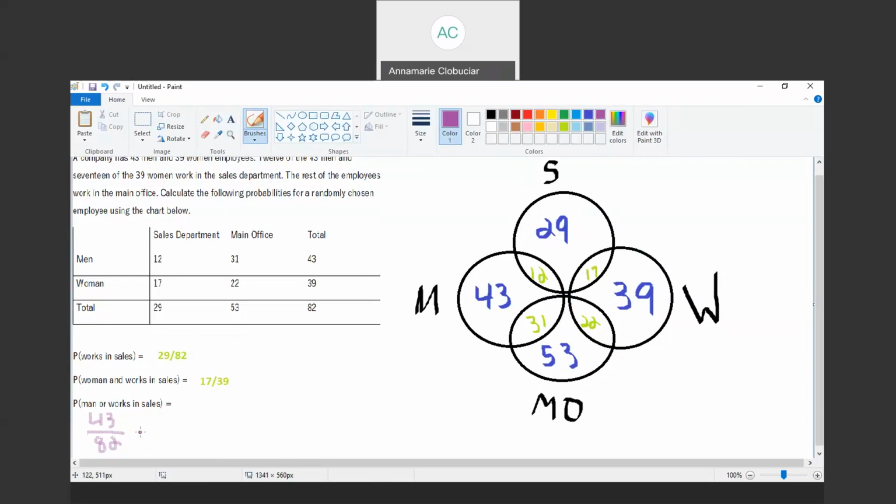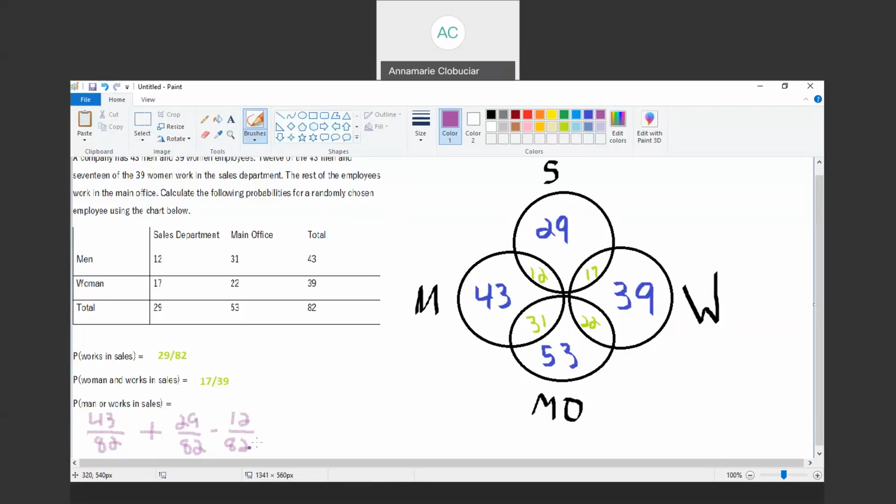We're going to add that, because it's an or problem, to how many people work in sales. We know that we have 29 people who work in sales out of our total 82. But we have people who work in sales and are men, so we're going to subtract that. In this case, we have 12 men who work in sales, so we have an overlap of 12 people out of our 82.